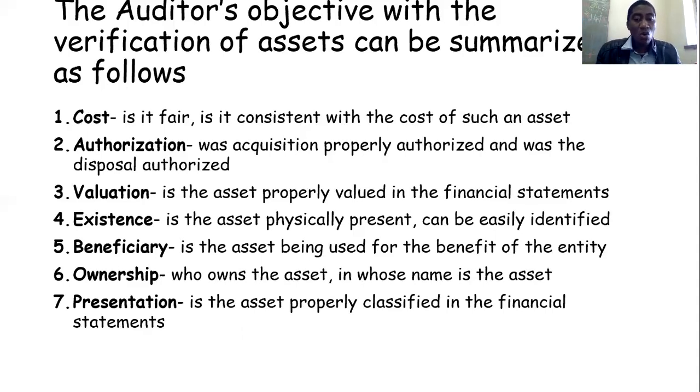Number 6, ownership. Who owns the asset? And in whose name? As auditors, maybe in this case, if it's a building, we would want to see the title deeds. If it's a motor vehicle, we want to see the motor vehicle registration book. In whose name is the registration book?